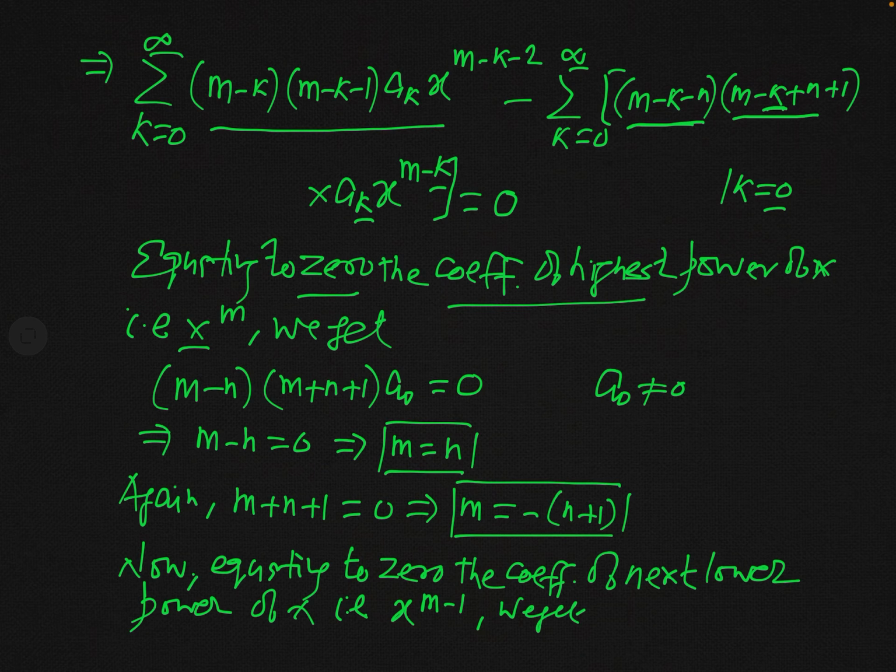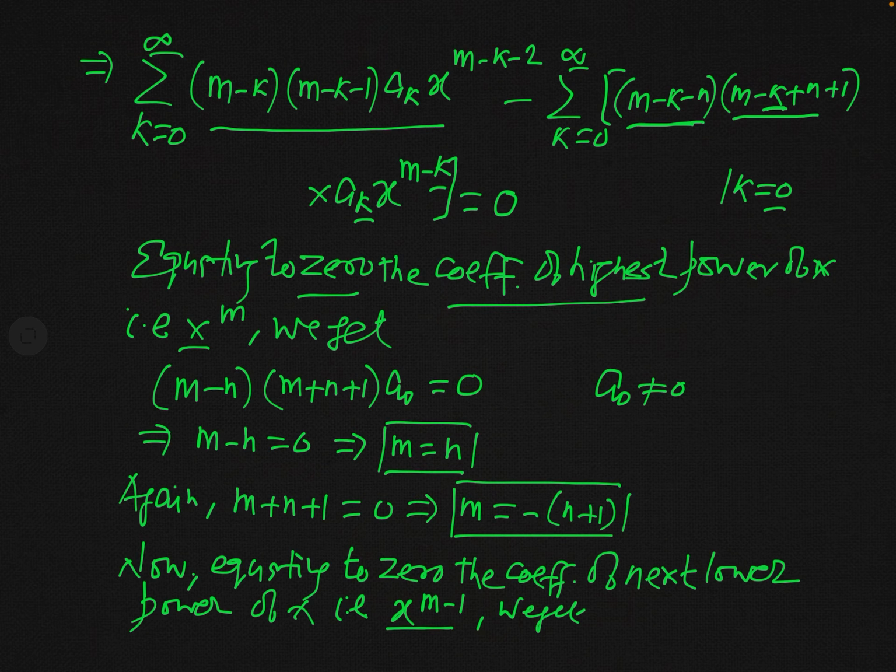And what will we get after this? To get x to the power m minus 1, we will have to put k equal to 1. When you put k equal to 1 in the first term, it will be m minus 1 minus 2, that is m minus 3. It means the first term contains x to the power m minus 3, not x to the power m minus 1, so there is no such term in the first series.